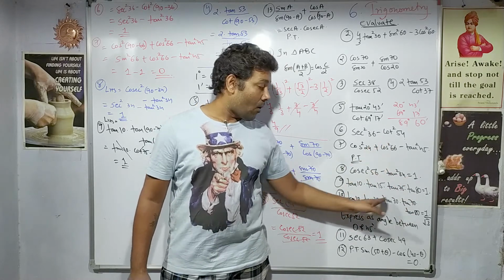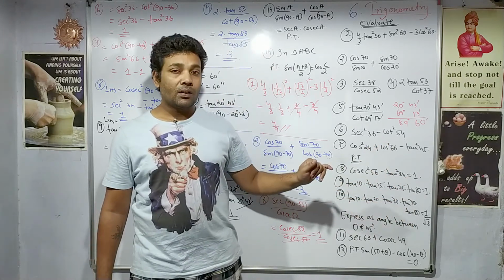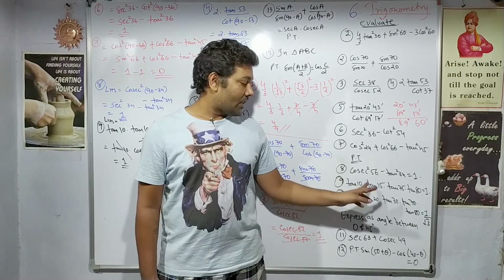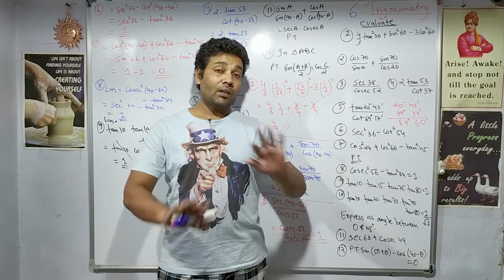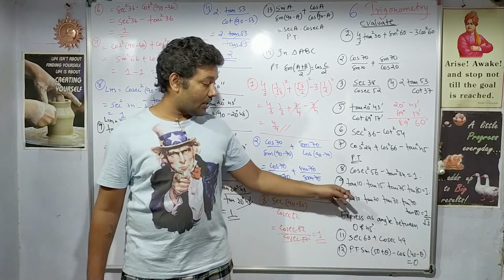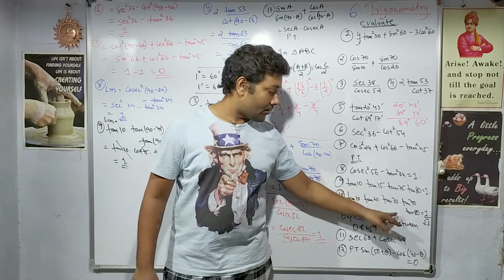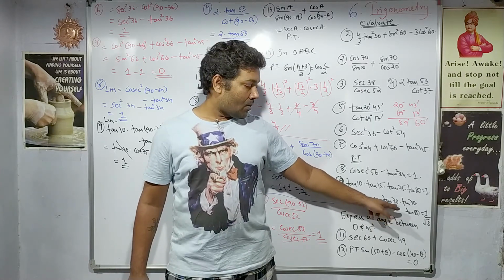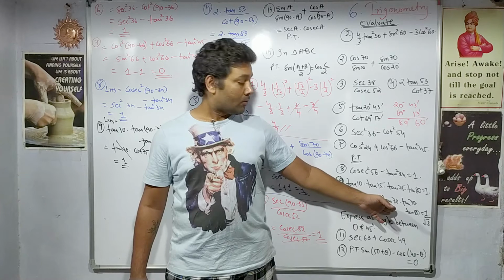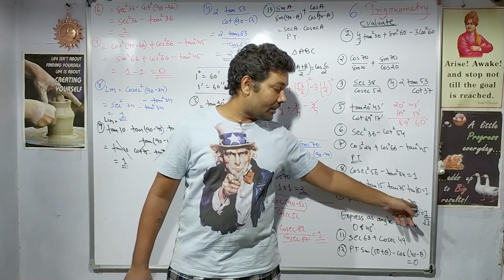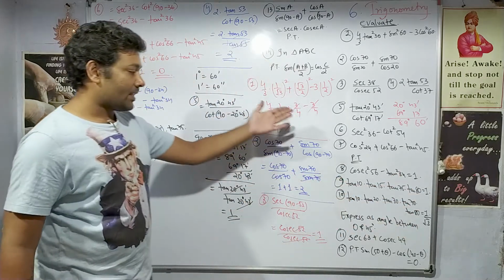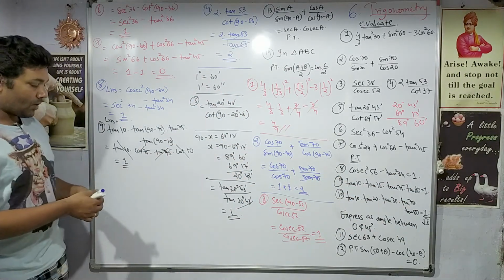When you see an odd number of such terms, definitely one of them will be a standard angle. If there are an even number of terms, there will be no standard angle. See here, odd number of terms, we have one standard angle, 30, right? So this value we know, tan 30 is 1 by root 3. 20 plus 70 is 90. 10 plus 80 is 90. So again, as simple as the 9th one.